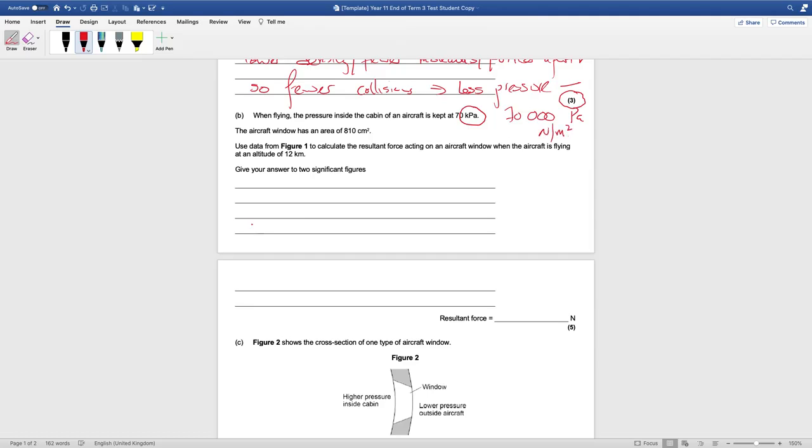The aircraft window has an area of 810 centimeters squared, and we want a force, which is going to be in newtons, so we have to convert that into meters squared. There's 100 times 100 centimeters squared in a meter squared, so if we divide by 100 times 100, we get 0.0810.